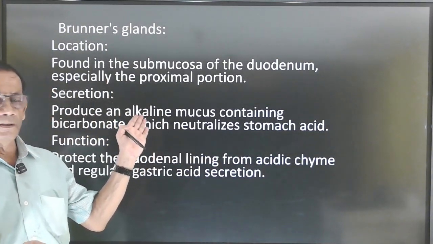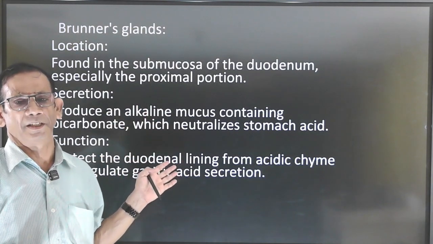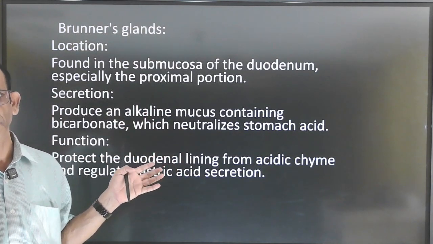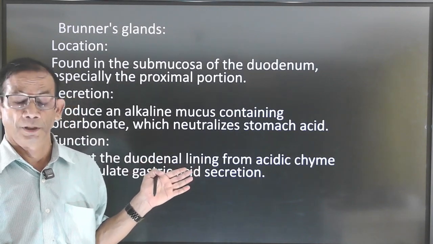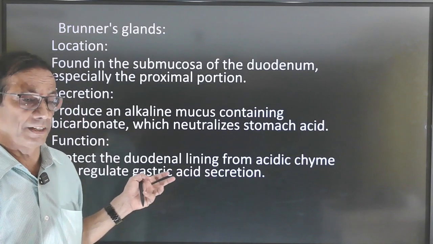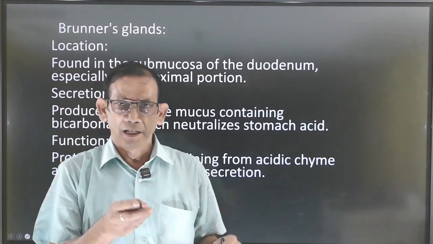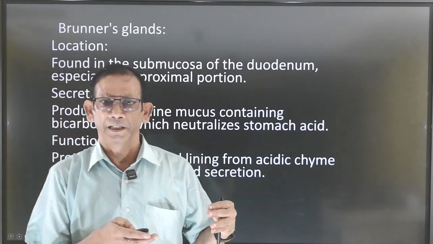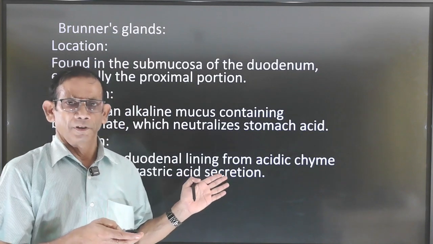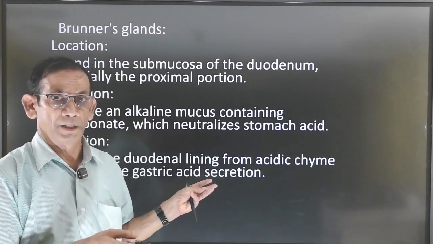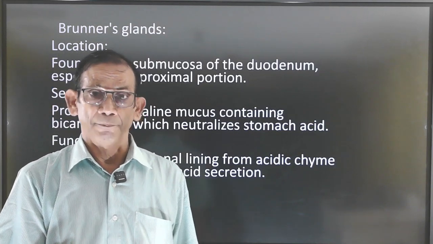So these Brunner's glands not only help in the secretion of bicarbonate, which helps in reducing the corrosive effect of hydrochloric acid, at the same time they also help to reduce the effect of hydrochloric acid on the inner lining of the duodenum.